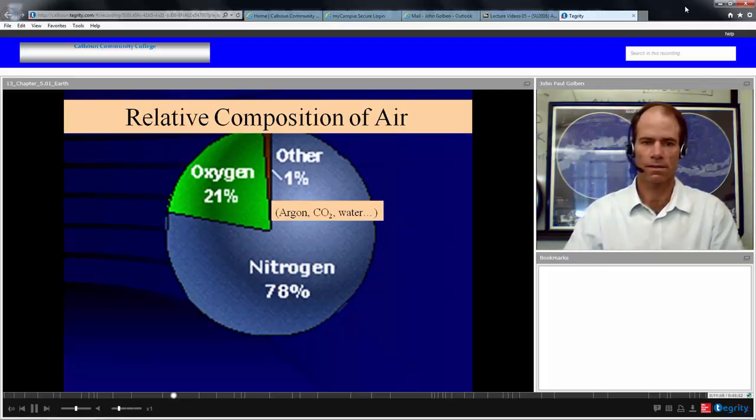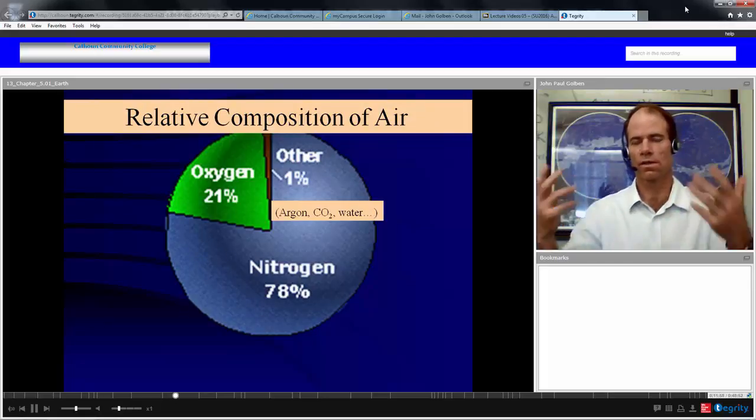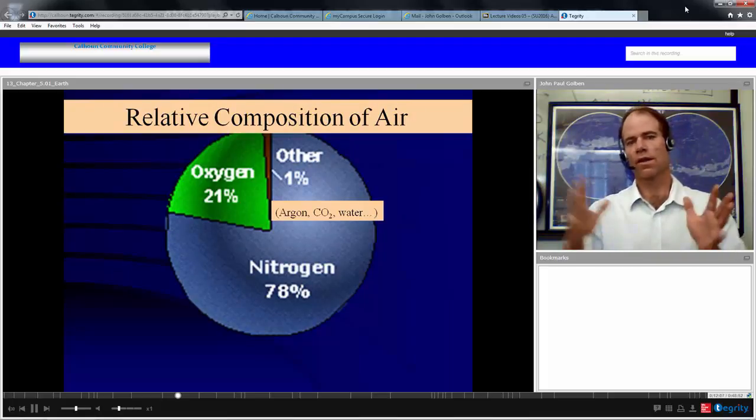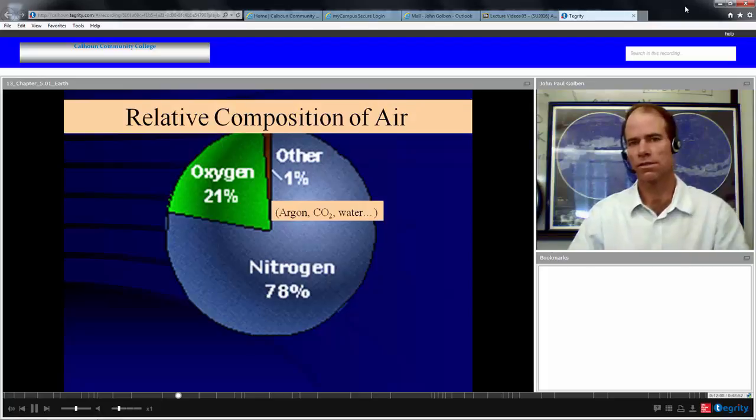And I've been told in the past that if we had more oxygen, that would not be good, because certain conditions would cause more fires to ignite because of the higher level of oxygen. And if we had lower than 21% of oxygen, that wouldn't be good, because life as we know it would not exist.